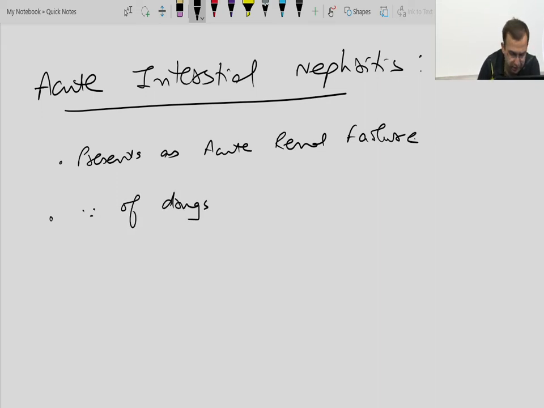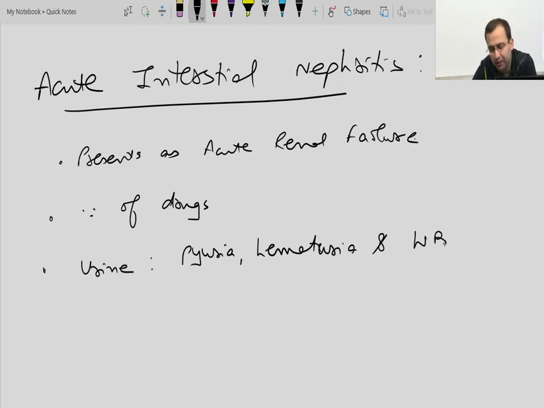Acute interstitial nephritis. Next point, the urinary findings. Microscopically, in the urine, it is associated with pyuria, hematuria, and WBC casts.